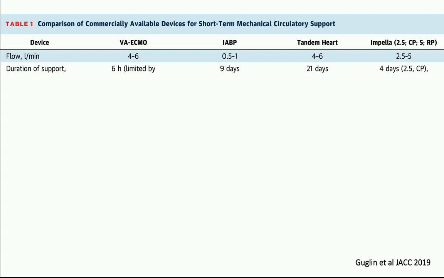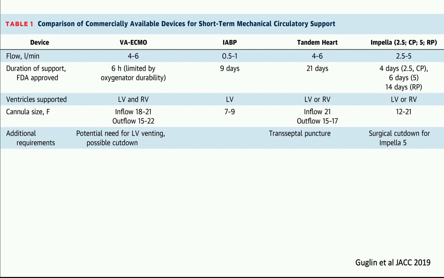Balloon pumps have approval for 9 days. However, we have had patients who've had the balloon pumps in for a longer period of time, and the tandem heart for about 3 weeks, and the impeller for about 4 days. Again, these are situations where patients may end up sometimes having the device for a much longer period of time.